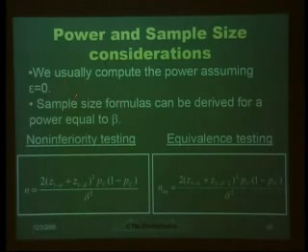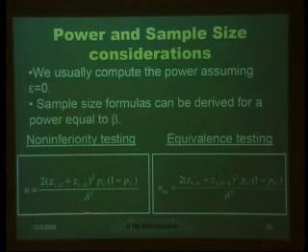And with these assumptions, I can compute the sample size needed so that I would test the hypothesis with a level of significance equal to alpha and a power equal to beta.